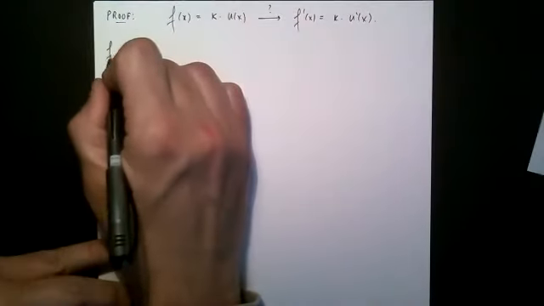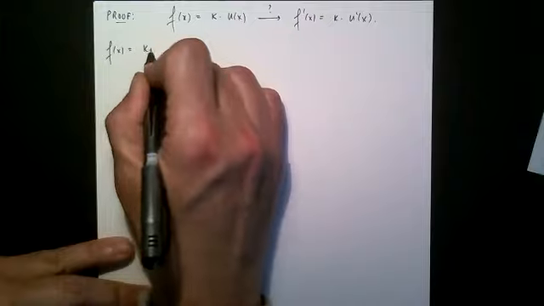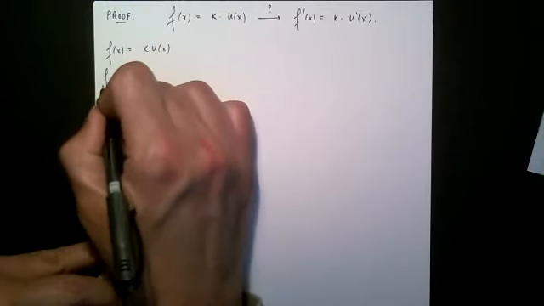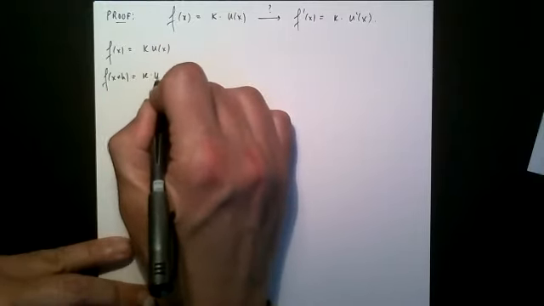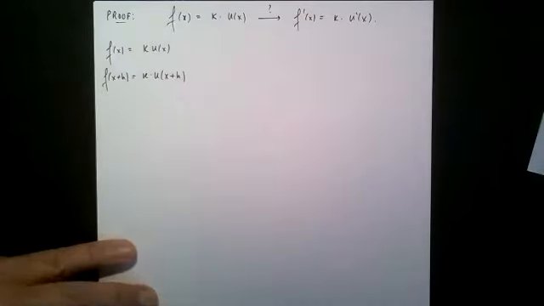Again, f of x is k times u of x, so f of x plus h is k times u of x plus h.